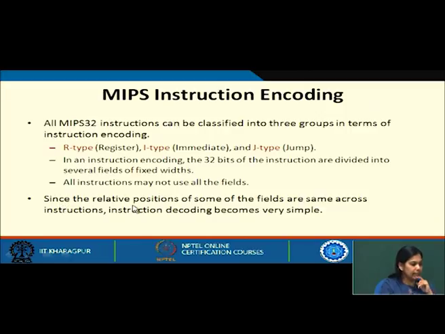Since the relative positions of some of the fields are the same across instructions, decoding becomes very simple. As it is already known that from this particular position to this particular position will be this field, and from this position to this position it will be the other field, and so on. So, the instruction decoding becomes much simpler.